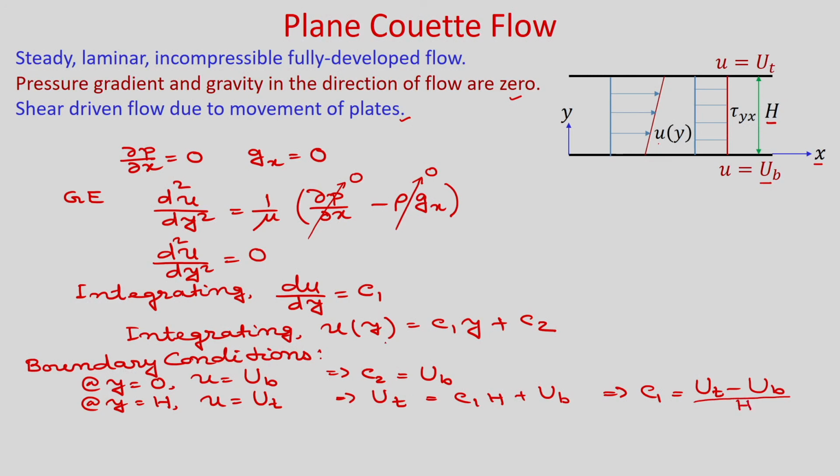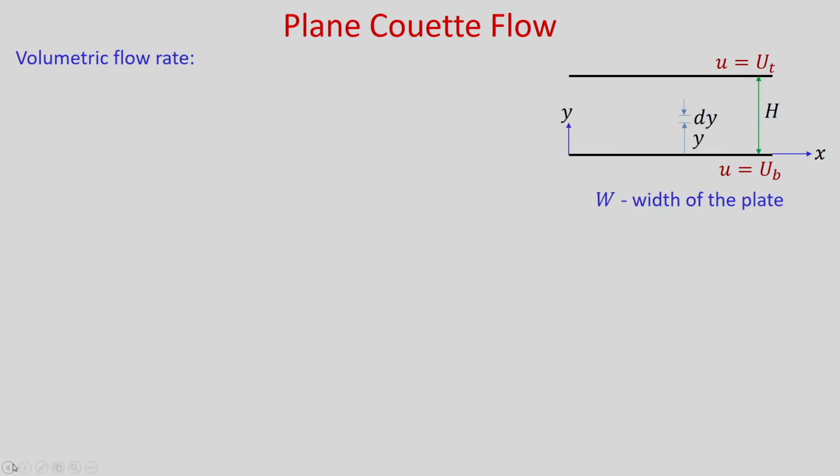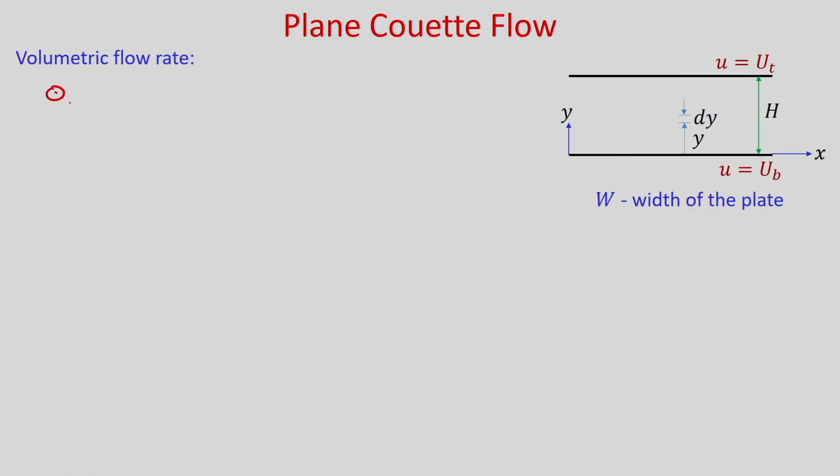Now, if we put the values of C1 and C2, we will get the velocity profile as u, which is a function of y, as u t minus u b divided by h times y plus u b. Now, let us find the volumetric flow rate. We can find Q as the area integral of u dA.